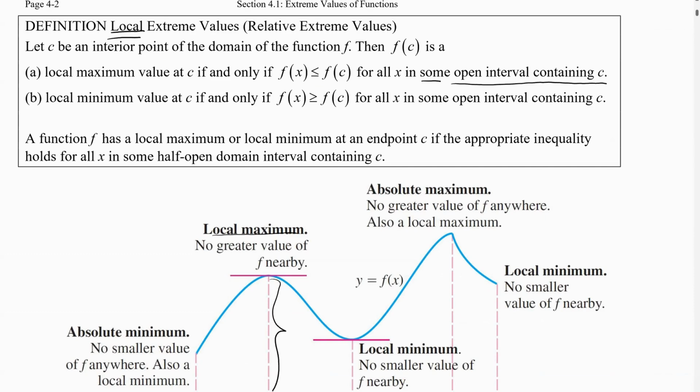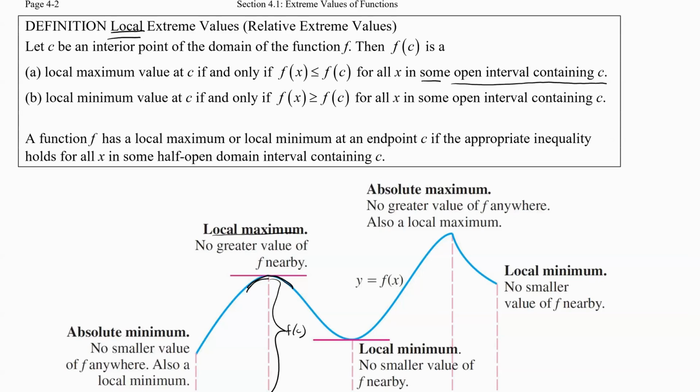This f of c value is bigger than all of the values for this function in, let's say, an open interval that's about this big. Now, I could make it smaller if I need to, but it's an open interval that contains c. And you can see that all of the values are less than or equal to that value.